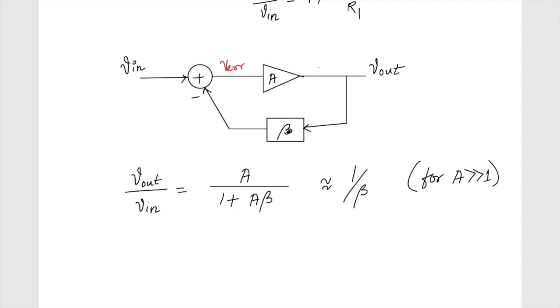Then V out by 2 will be compared to the input, such that the error, V in minus V out by 2, is almost 0. That means my V in will be approximately equal to half of the V out, or we can say that V out by V in is equal to 2.